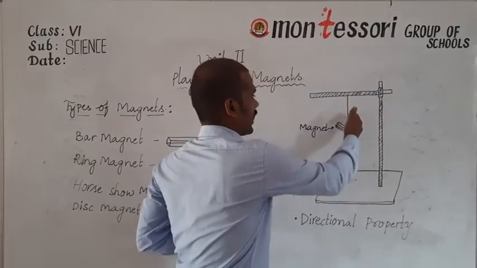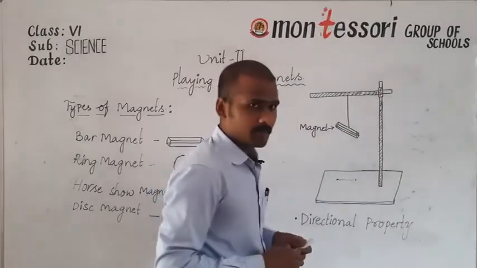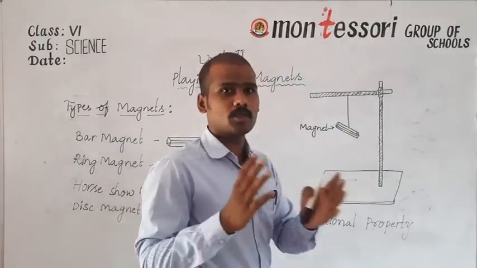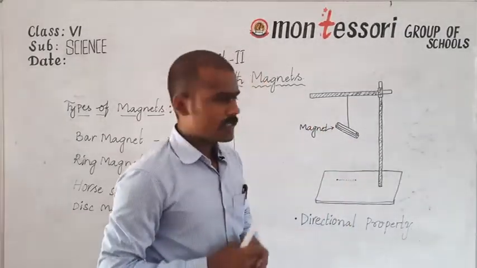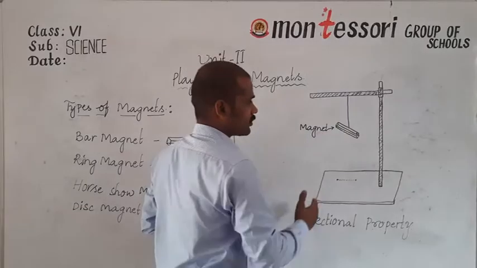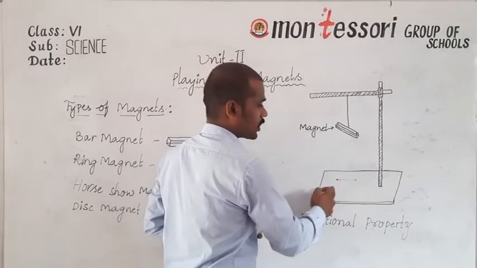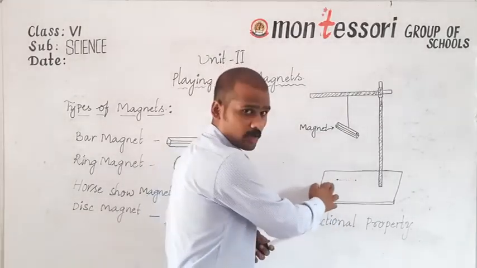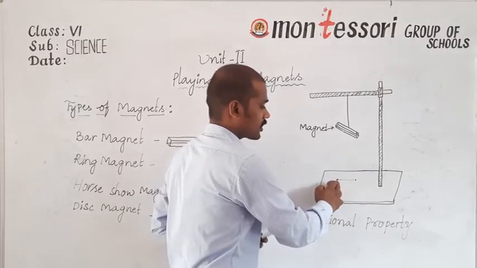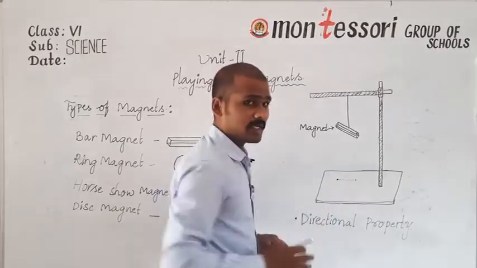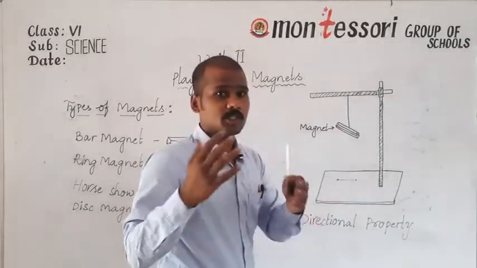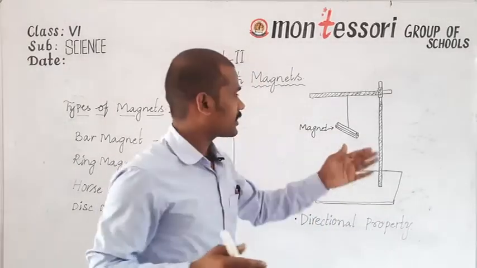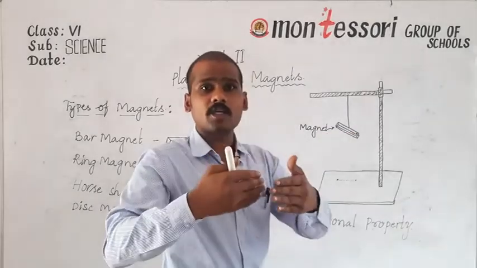When I hang this magnet onto this stand, we have to allow it to come to rest position. Then we have to mark points on the stand in such a way that these points show the direction in which the magnet has come to rest.